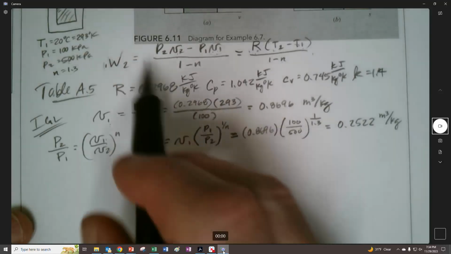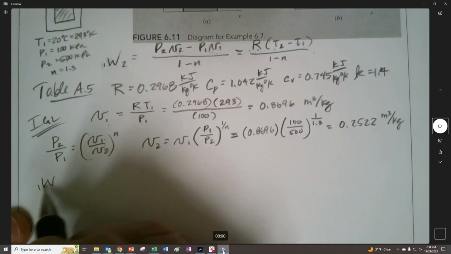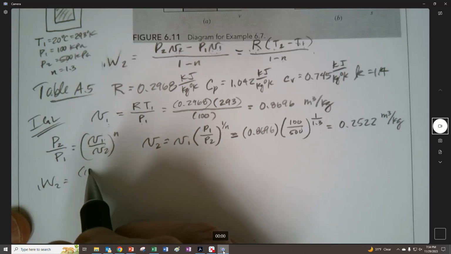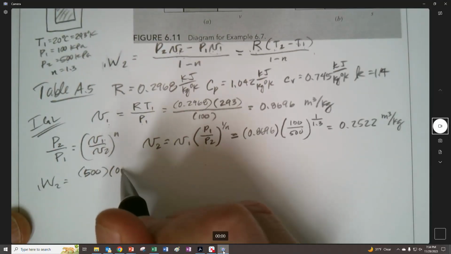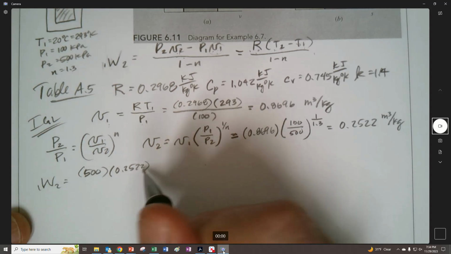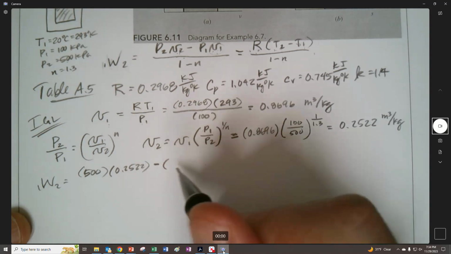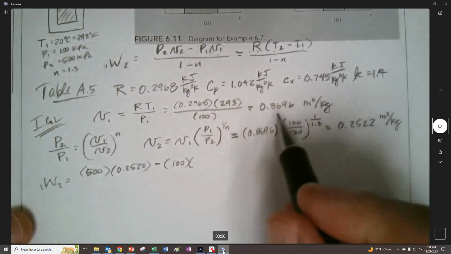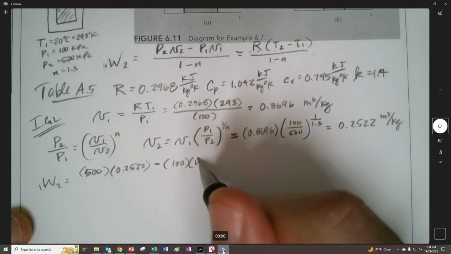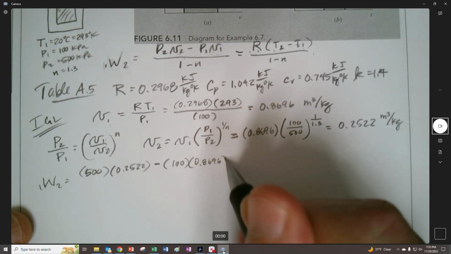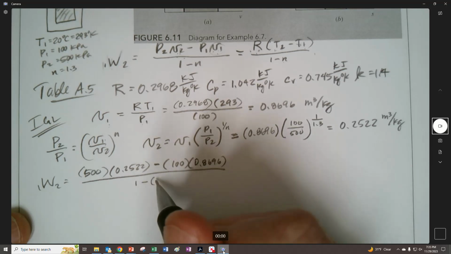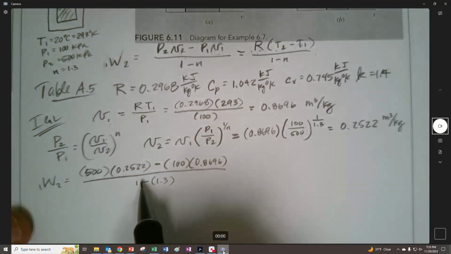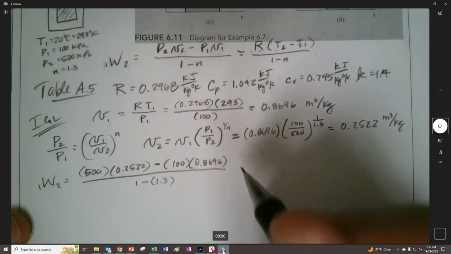All right, so now we can go ahead and put this back up in the top, 1 to 2. So the pressure 2 is 500, volume 2 is 0.2522, minus P1 is 100, and V1 is 0.8696. And here's something to keep track of. 1 minus 1.3, that's a negative number in the denominator.